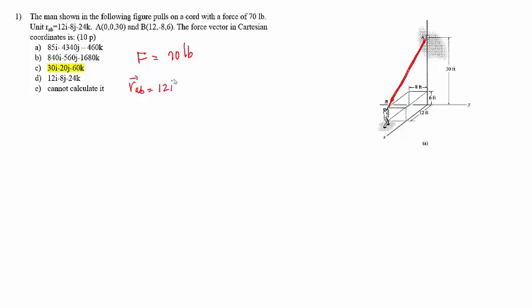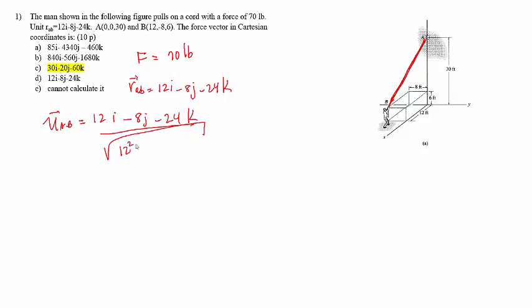I already gave it to you, 12i minus 8j minus 24k. So what we have is the unit vector in that direction is 12i minus 8j minus 24k divided by the magnitude.